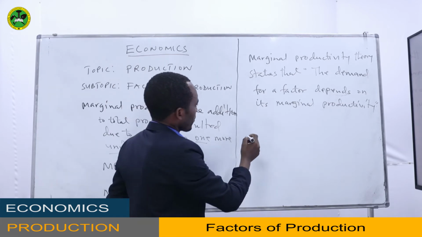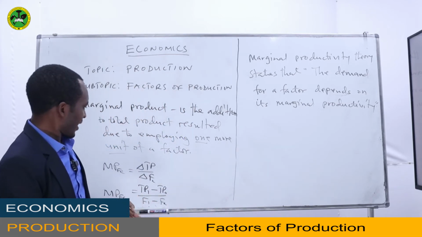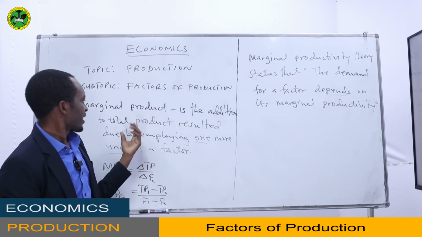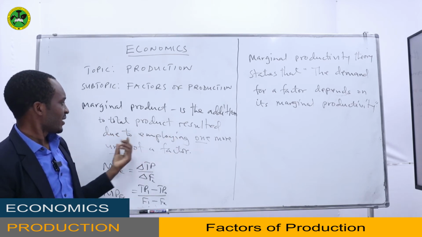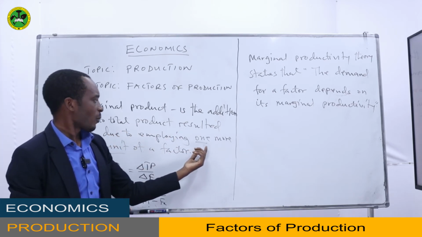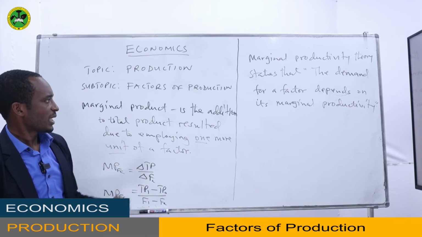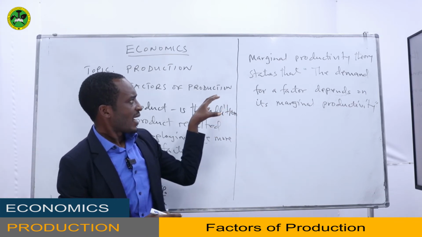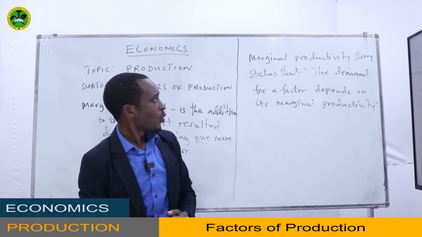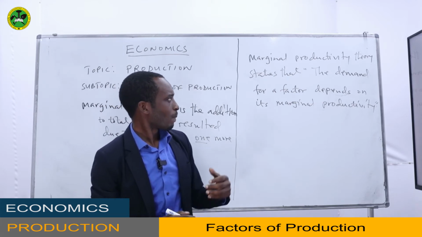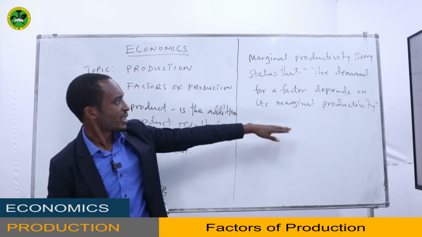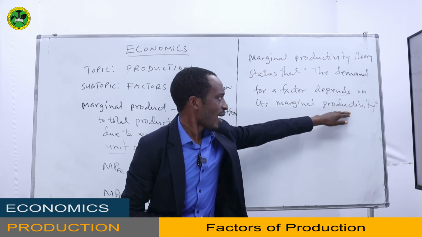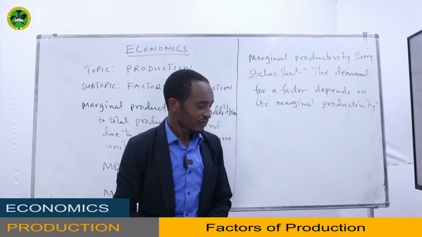And the marginal productivity, as we said before, is the addition to total product resulting from employing one more unit of a factor. So a firm will employ more units of labor depending on its marginal productivity.